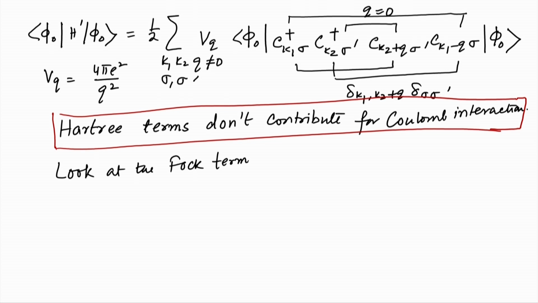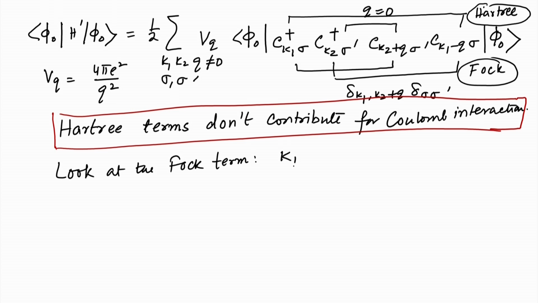And the Fock term is simply, so this lower one is the Fock. So, this is the Hartree and this is the Fock. This term demands that k1 is equal to k2 plus q.